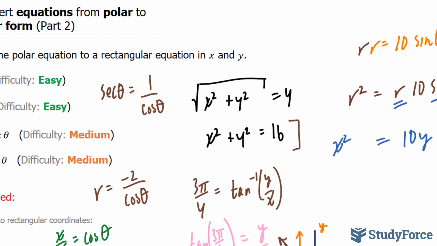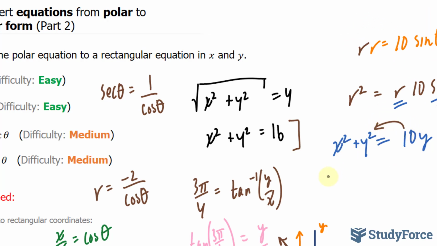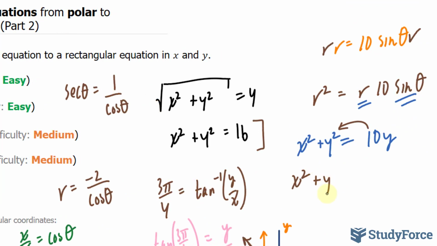At this point, most teachers will be content with what you've done, except if you want to take it a step further and actually understand what this equation is telling us, you can take this 10y over, x squared plus y squared minus 10y is equal to 0.